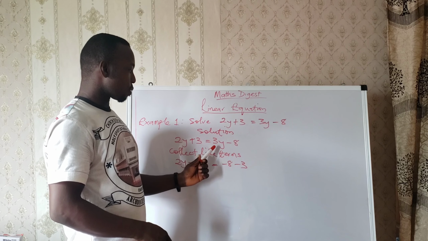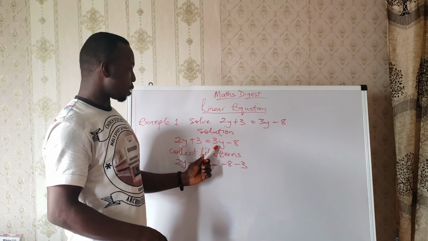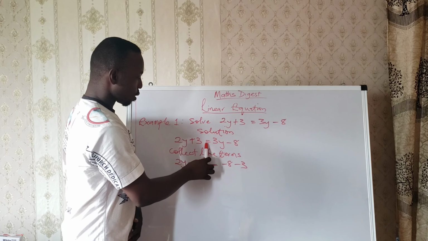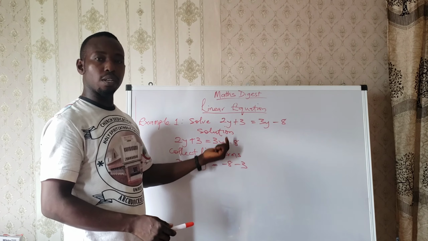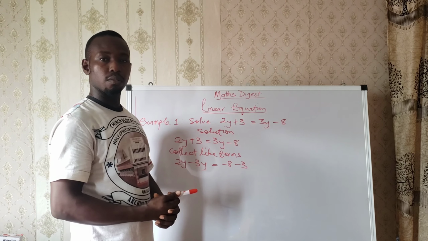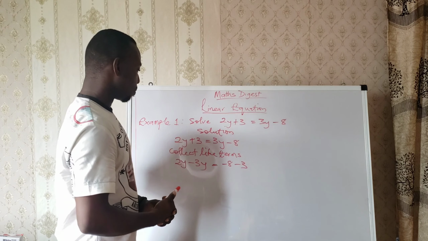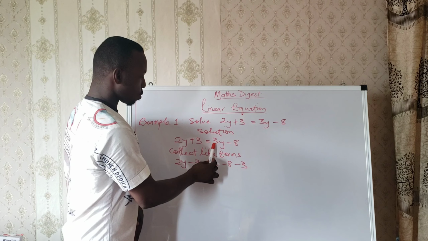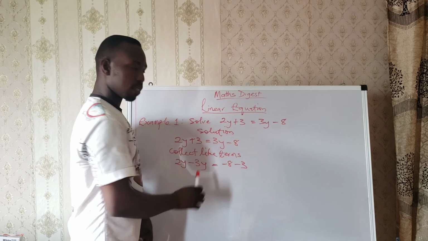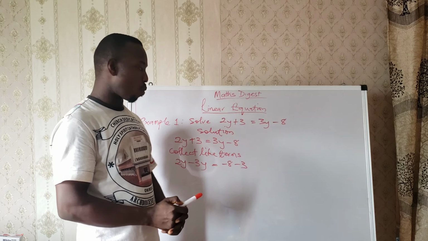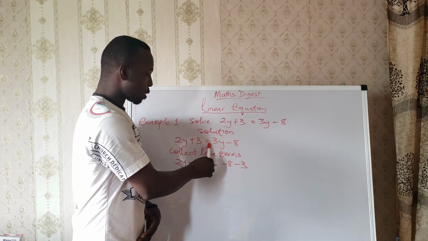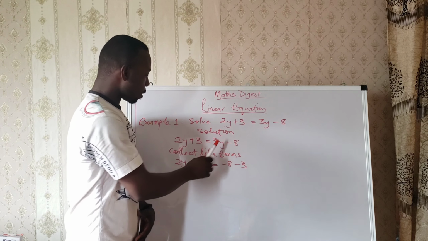Now let me explain something here. Whenever anything is crossing an equality sign, this is what we call equality sign, to the other side, the sign will change. Now, if you look at this 3y, this 3y has a positive sign at the front, but why it's not written here is because it's starting the equality sign.